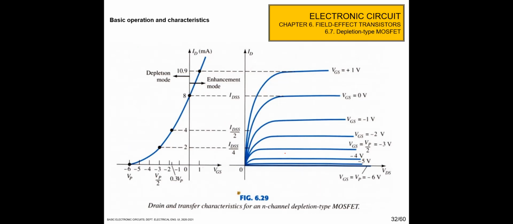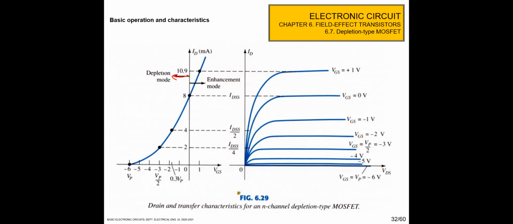The MOSFET has two modes. The first one is depletion mode, when the current of the MOSFET is lower than IDSS. This is the depletion mode, when VGS is lower than 0.